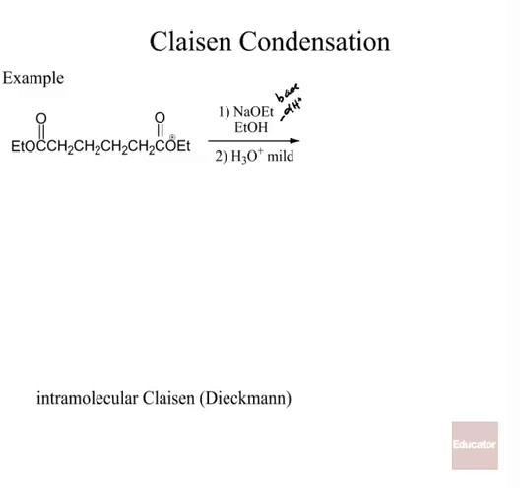So this is a symmetrical molecule. Doesn't matter which side we deprotonate. Let's deprotonate over here. We could do that. Okay, there's our alpha carbon. That's our nucleophile. And now, rather than having a second molecule that we can attack, because this has two functional groups, let's see if possibly we can get an intramolecular reaction to take place.